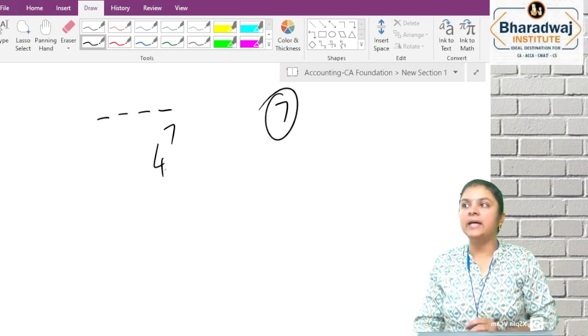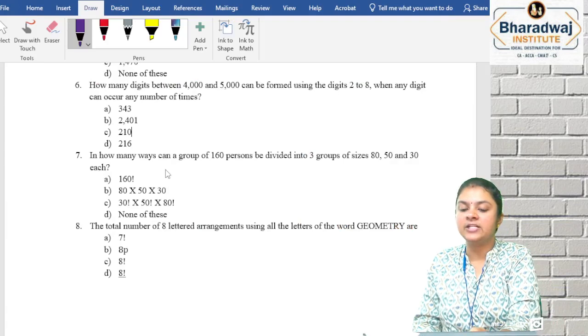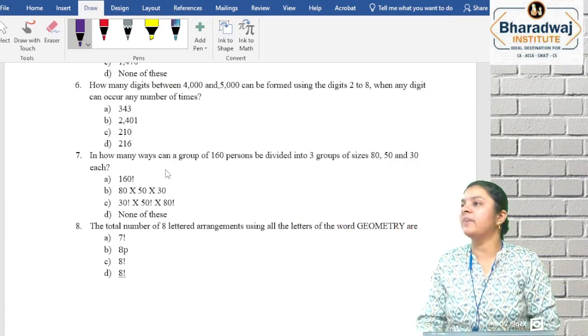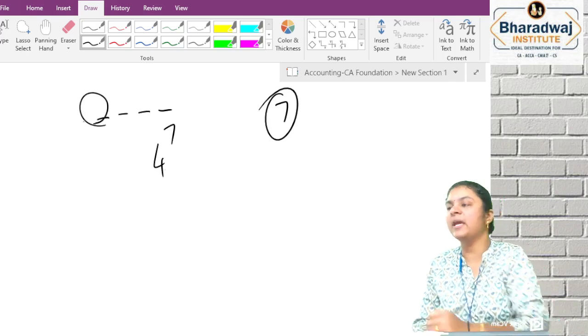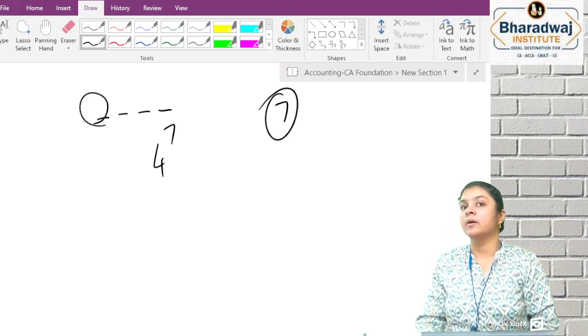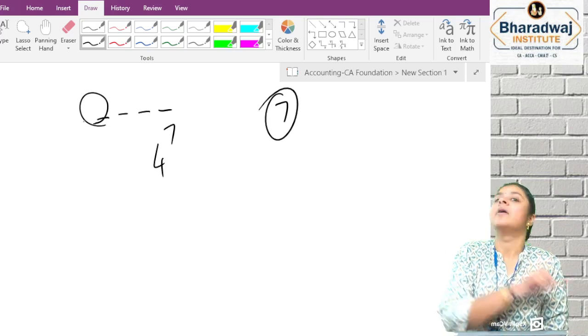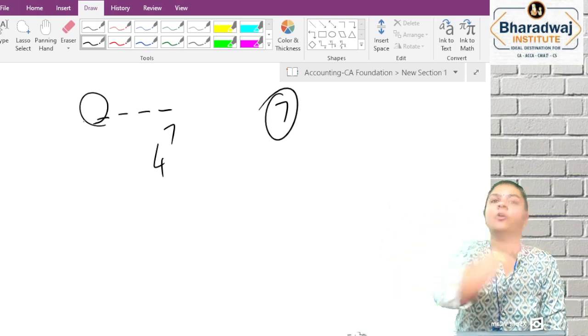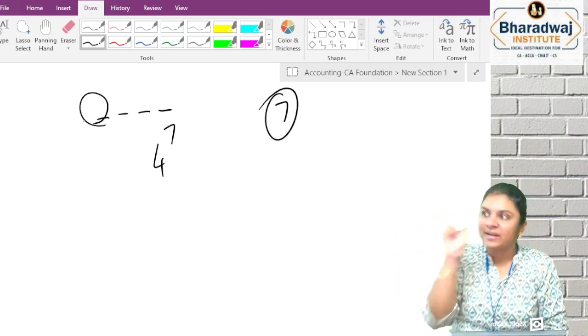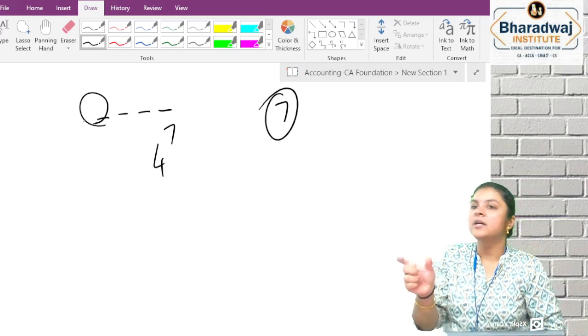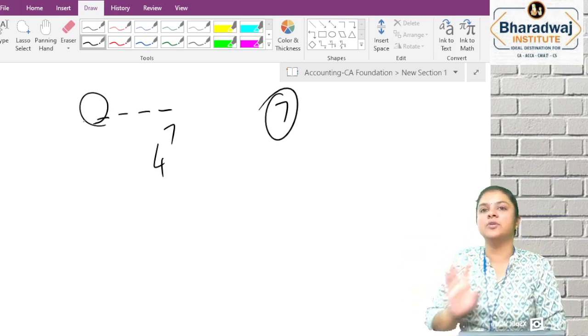Correct? But here, the only restriction is the digits have to be between 4000 and 5000, which means starting number has to be 4. It cannot be more than 4 because between 4000 and 5000 கொடுத்திருக்காங்க. So it can only be 4001 to 4999.